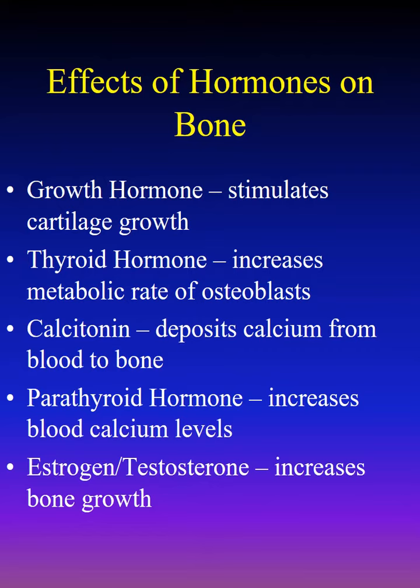When we hit puberty and have increased levels of estrogen and testosterone, this marks the end of growth at the epithelial plate, where we have more bone that is produced at the epithelial plate than cartilage, and so this excess growth of bone will tend to get rid of the epithelial line.